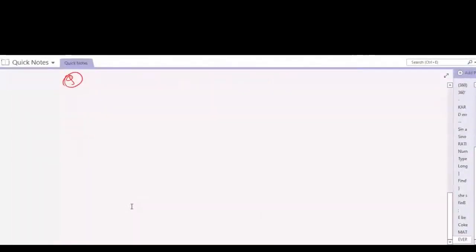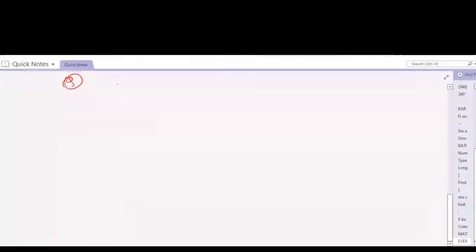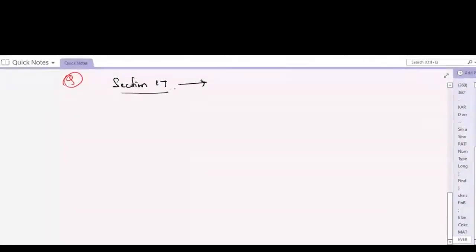What is the importance of section 17 in our constitution? What does section 17 of our constitution state? It prohibits any discrimination among the Indian citizens.